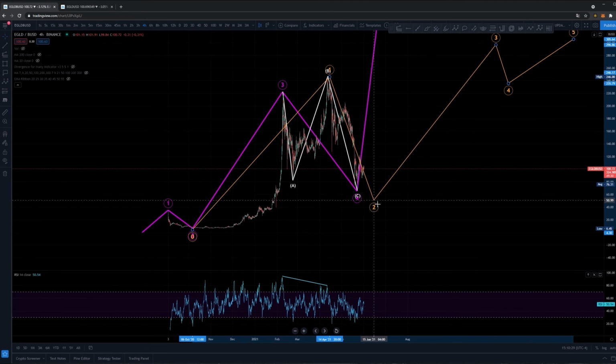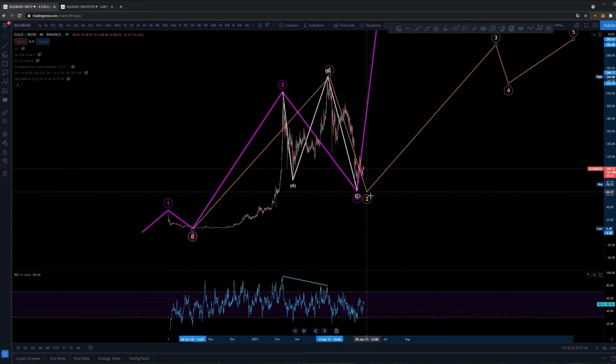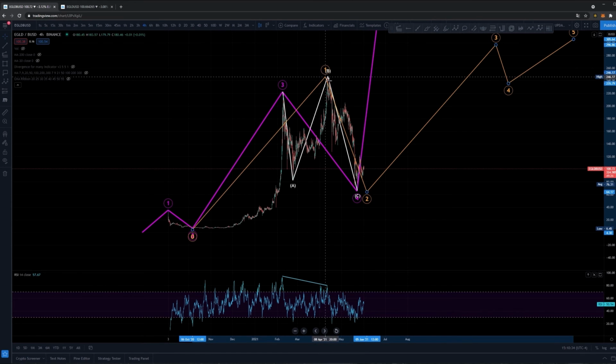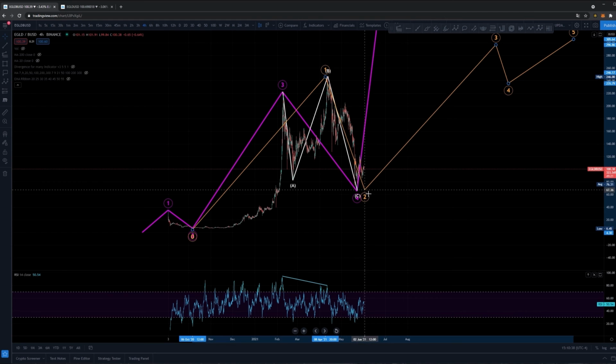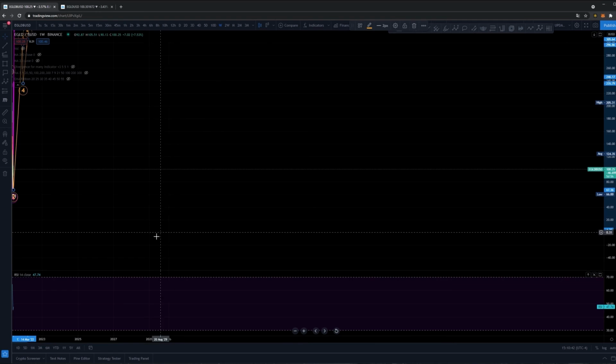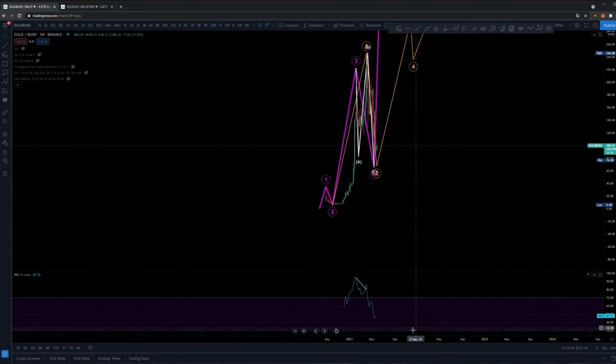Even if we go lower a little bit here, we are creating this because of the weekly RSI that created a new low. I'm gonna check here. Yeah, exactly, right there. You see the RSI, new low.